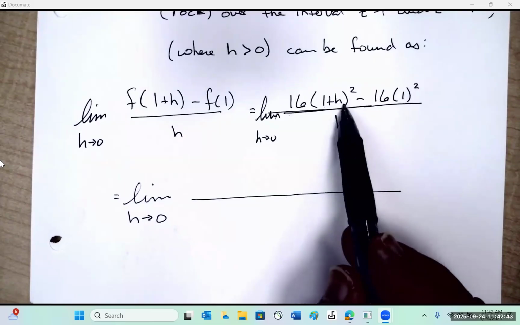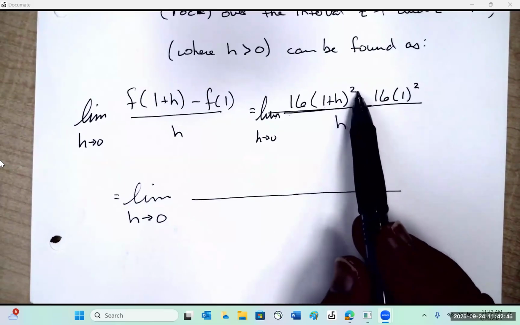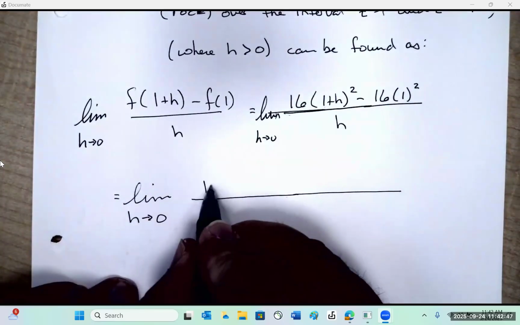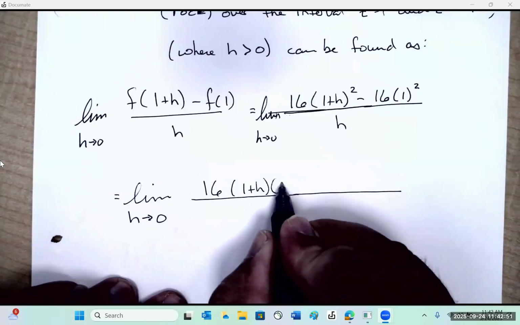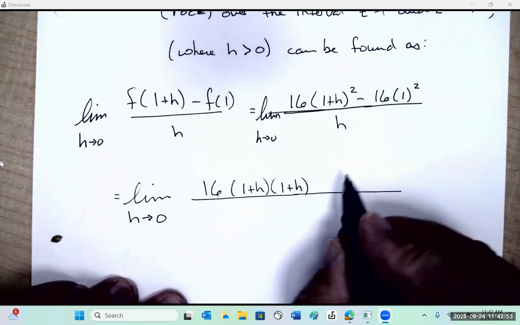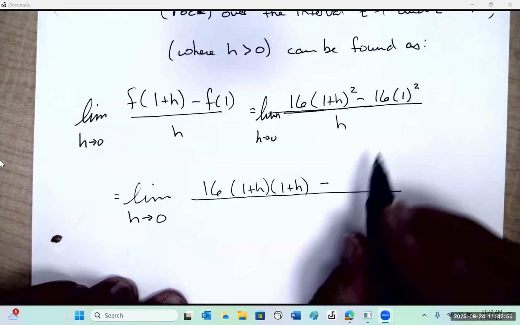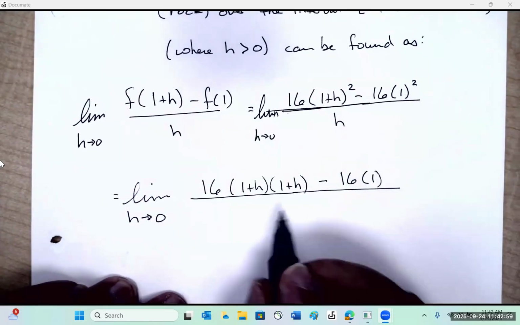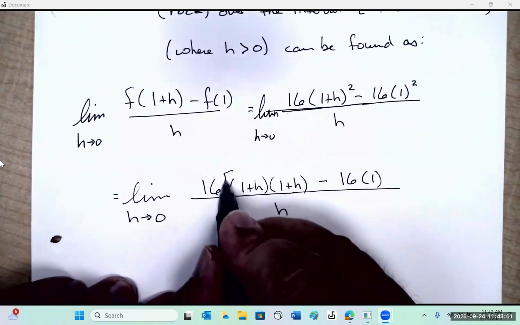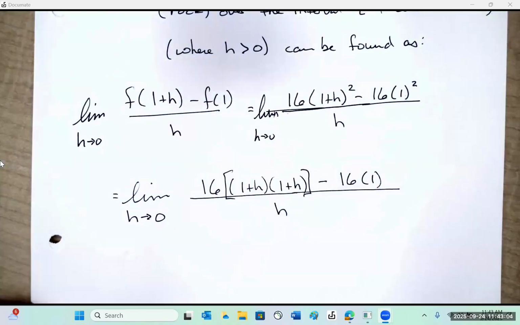So what is the next thing? Exponent. So what we have here would be 1 plus h times 1 plus h. This one we can, because 1 squared becomes 1. We have to FOIL these two first.